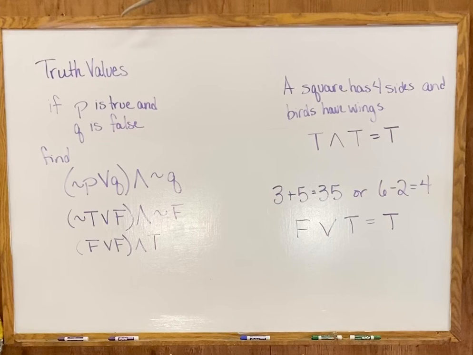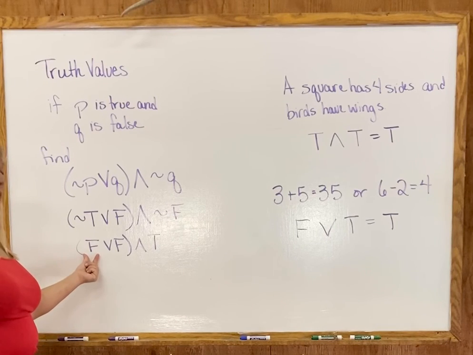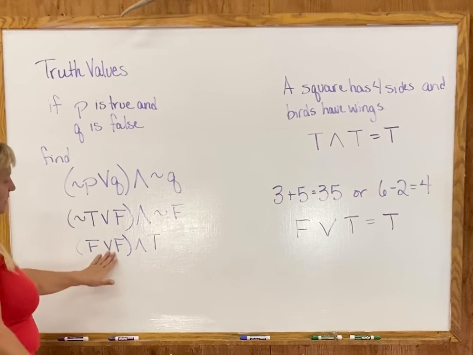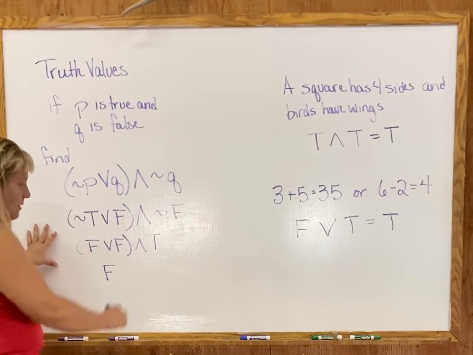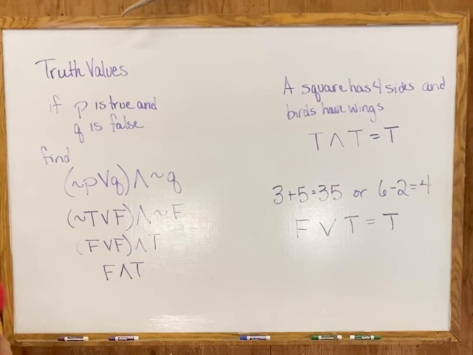So if there are any parentheses in a problem, we want to do that operation first. So if we will have a false or a false, well, everything's false, isn't it? So isn't that going to leave us a false statement? But then we still have it conjoined with this true over here.